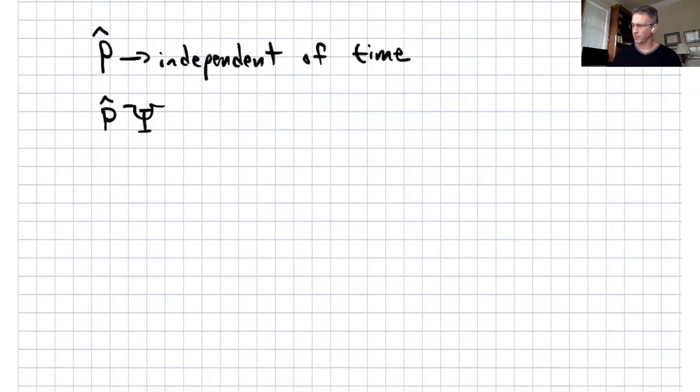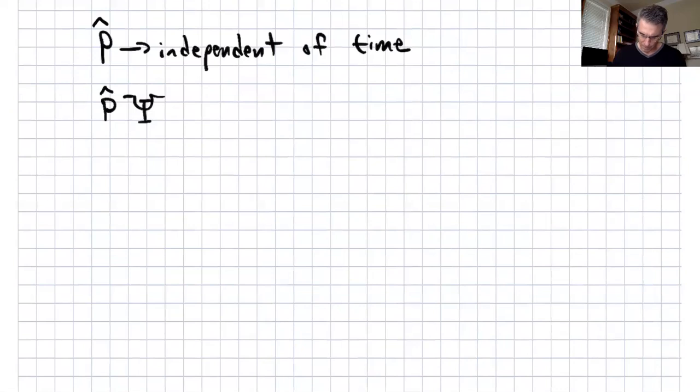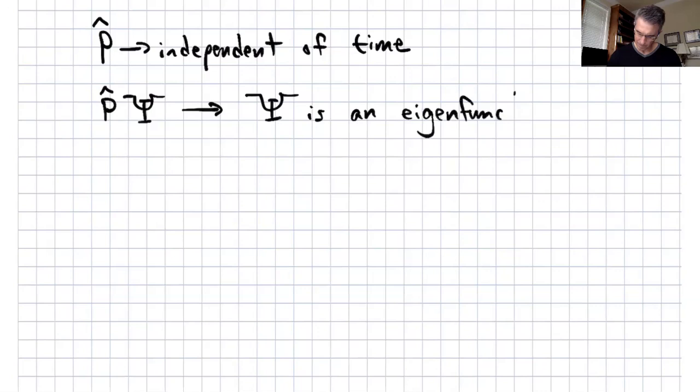Let me write this out. If the wave function of this system is an eigenfunction of that operator, then what turns out to be true is that this system is essentially in a stationary state with respect to that operator.